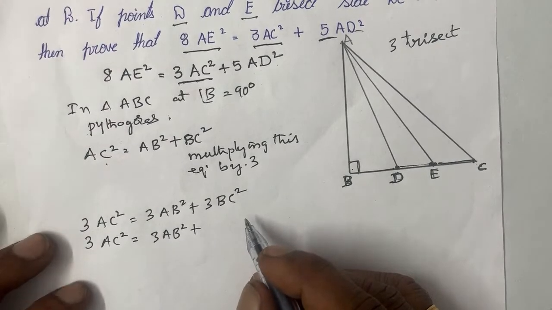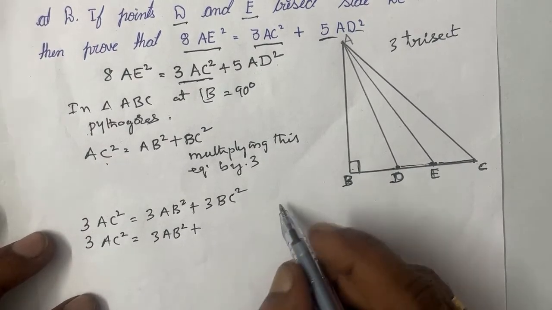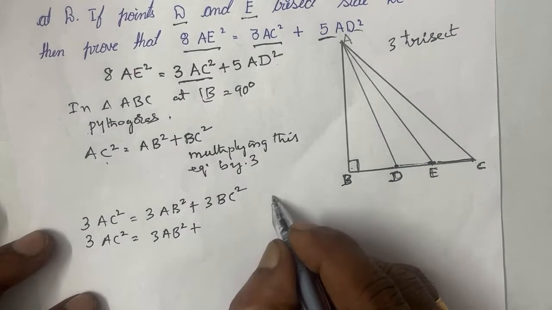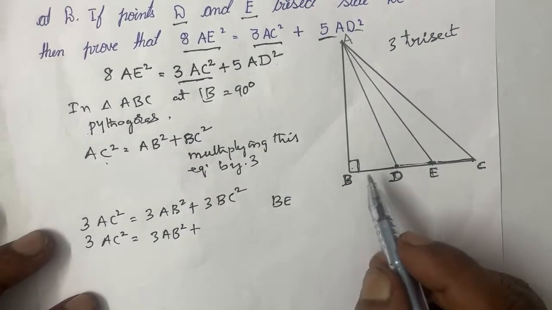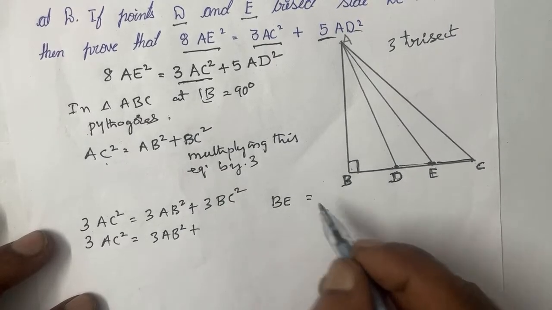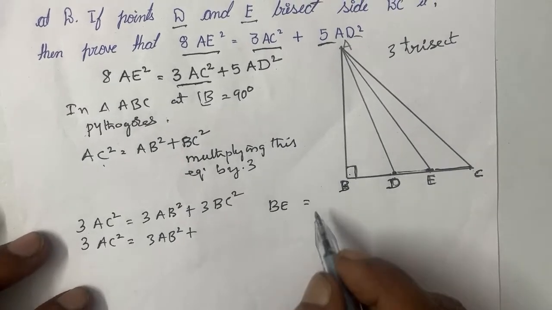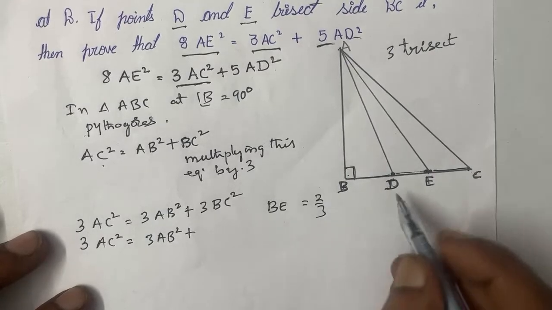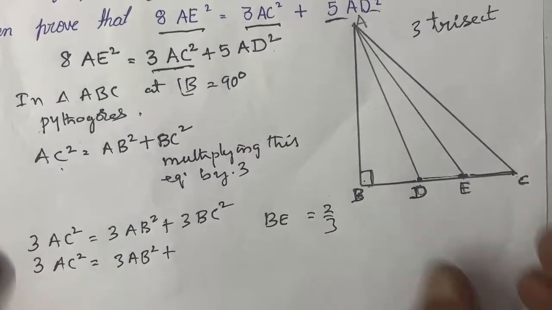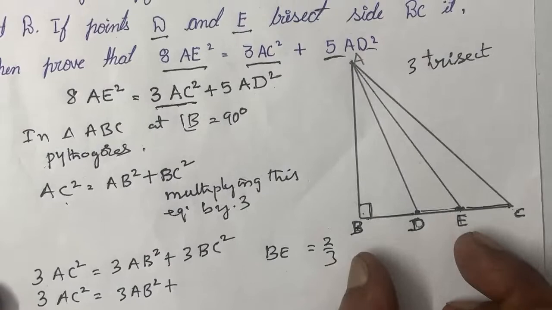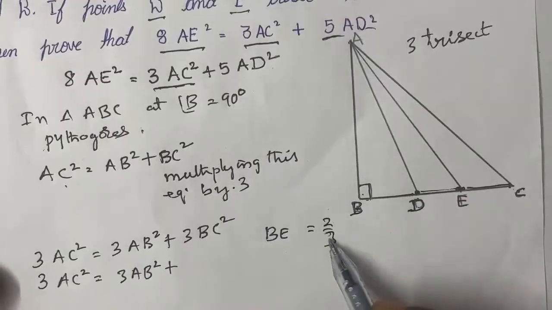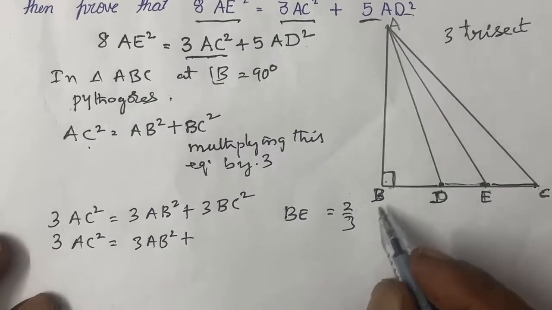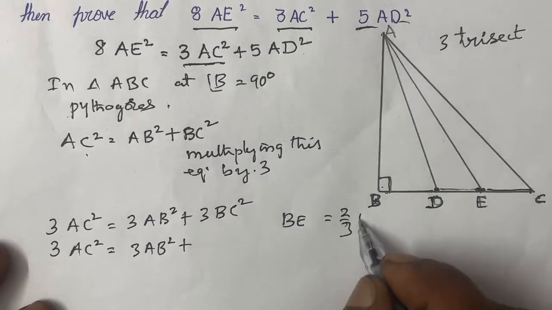3AC square is equal to 3AB square plus, instead of BC, I want the BC value here. What is actually here, you can see BE, this part, is equal to 2 by 3 BC. BE is maintaining two parts of BC, that is why we call it 2 by 3. BE is 2 by 3 BC.